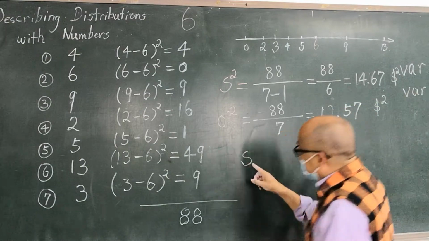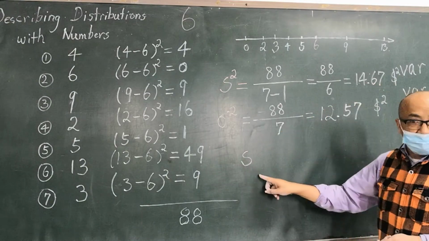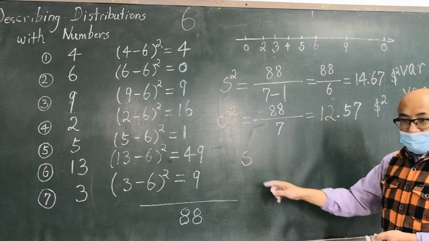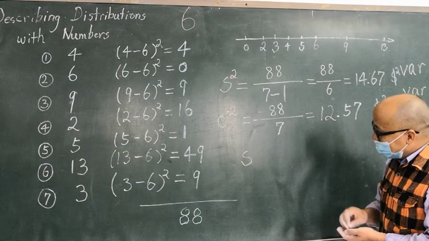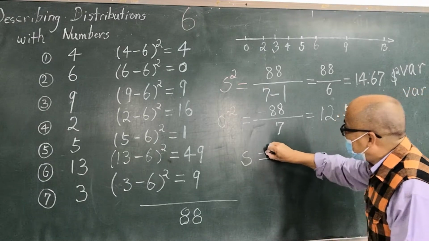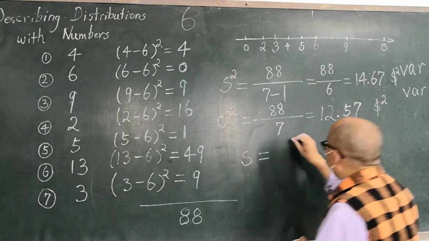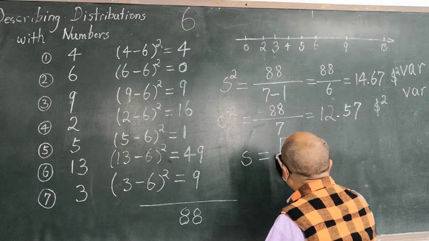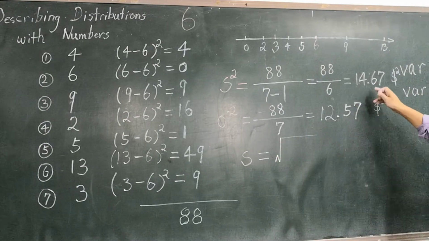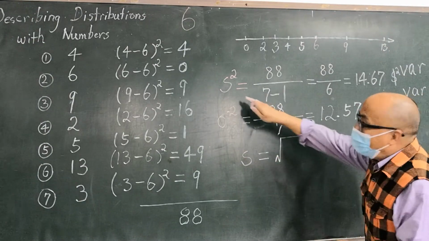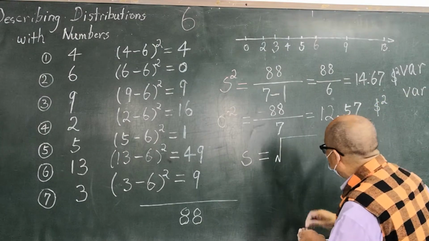The symbol is this for sample. What's the formula? Yes. You take a square root of the variance.